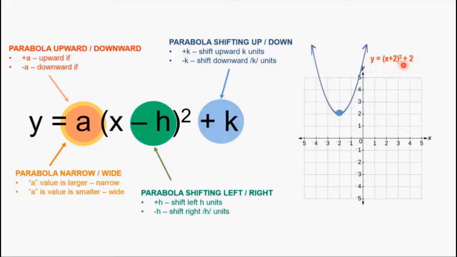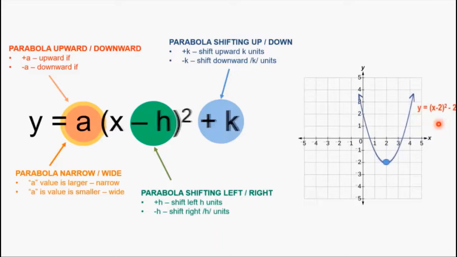So, dalawang beses nag-move pataas, at dalawang beses nag-move pa kaliwa. Kita nyo? So, balik tayo rito sa y is equal to x squared. Nag-move ng pakanan, negative 1. Nag-move ng pababa, nagkaroon ng negative 1 dito. Naging negative 2 dahil nag-move ulit pababa. Nag-move pa kanan.